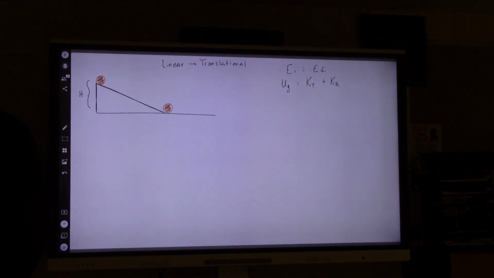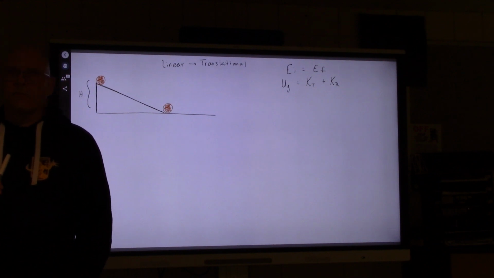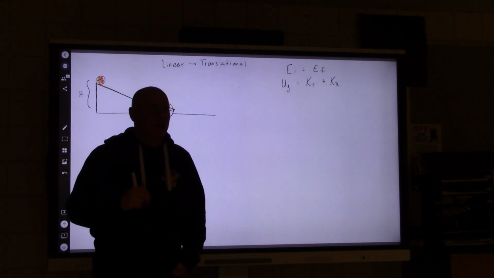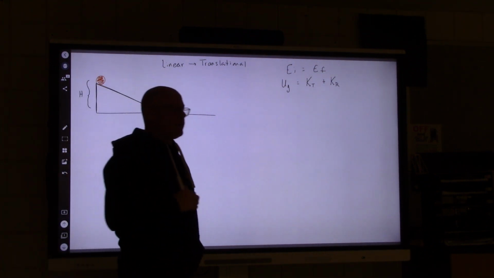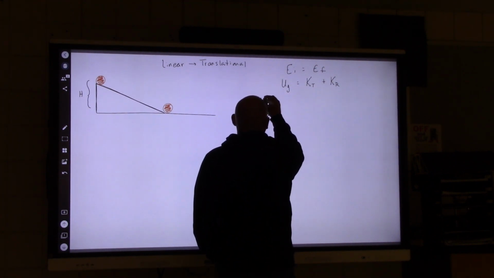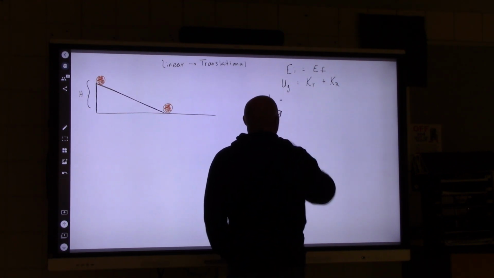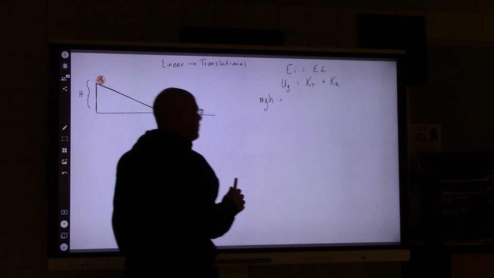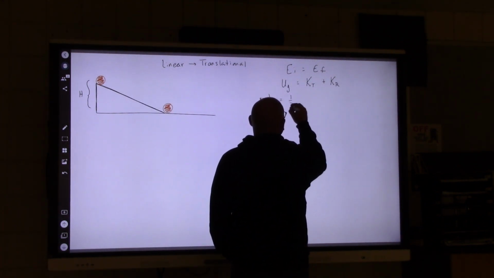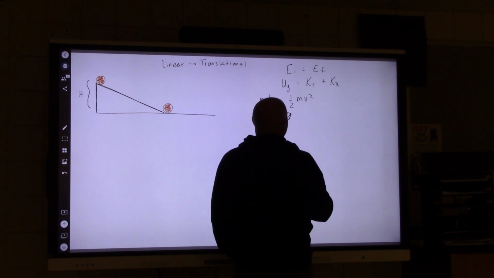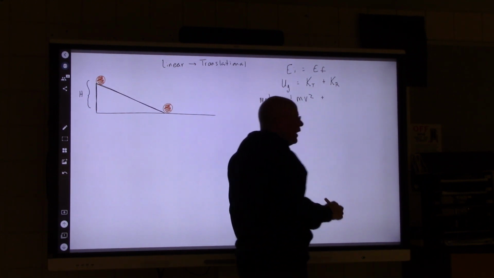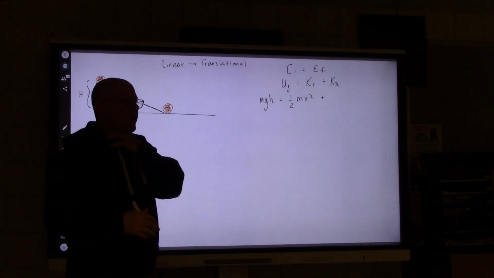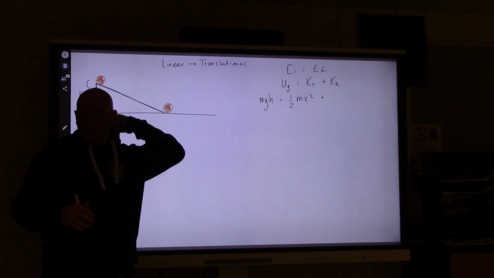How does that seem? Is that cool? All right, so let's then substitute in their appropriate equations. What's the equation for gravitational potential energy? What's the equation for translational kinetic energy? I like the murmuring. It's 1/2 mv squared. Now, yesterday we were making these comparisons between the linear versions and the rotational versions, right?